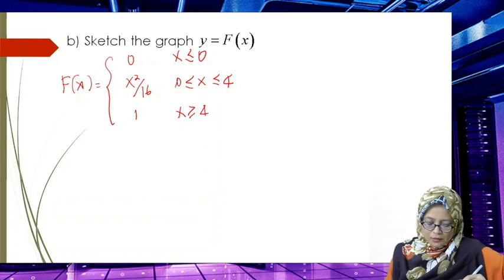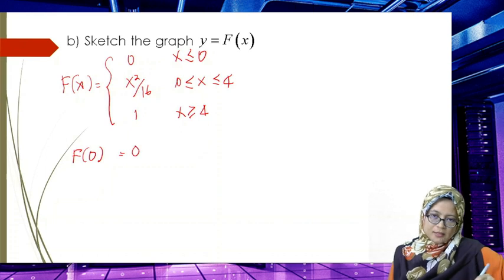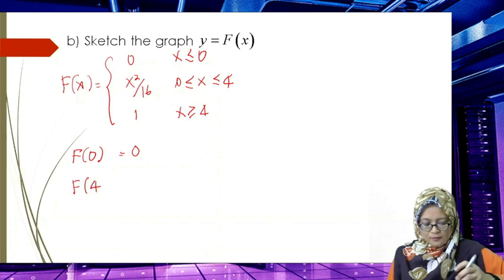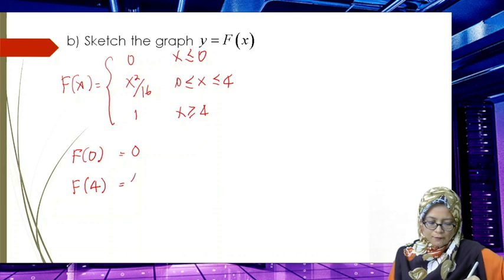Okay, so sama macam tadi juga. So kita akan ambil nilai dalam kita punya interval F0, kita dapat nilai dia 0. Okay, so then kalau sini second interval kita ganti, kita dapat X0, ganti dalam function x square over 16, dapat 0 juga. So kalau kita ambil x equal to 4, ganti 4 square over 16, dapat 1.